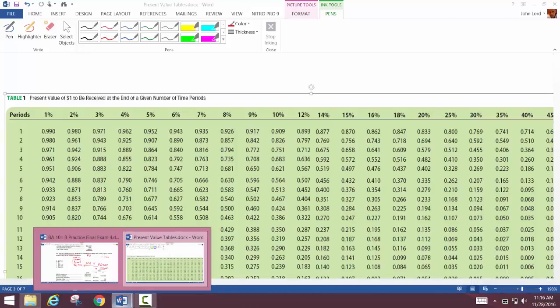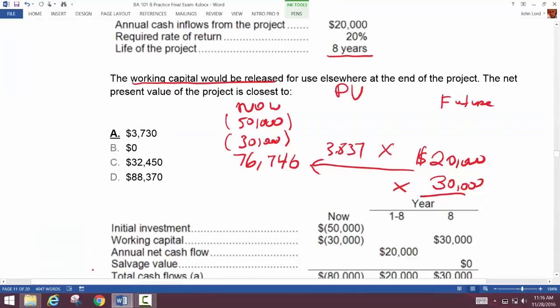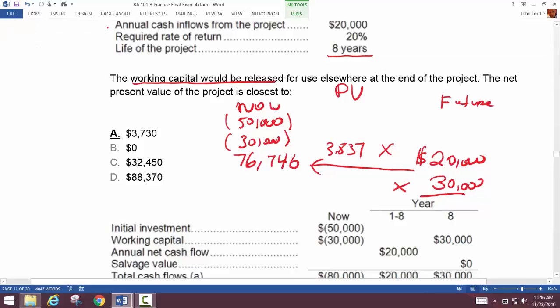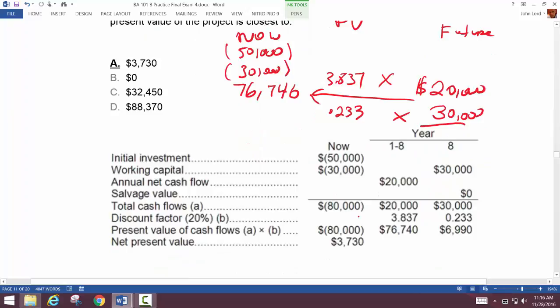Okay. They use the same factor. 0.233, so that gives me, when that 30,000 comes back, 6,990.